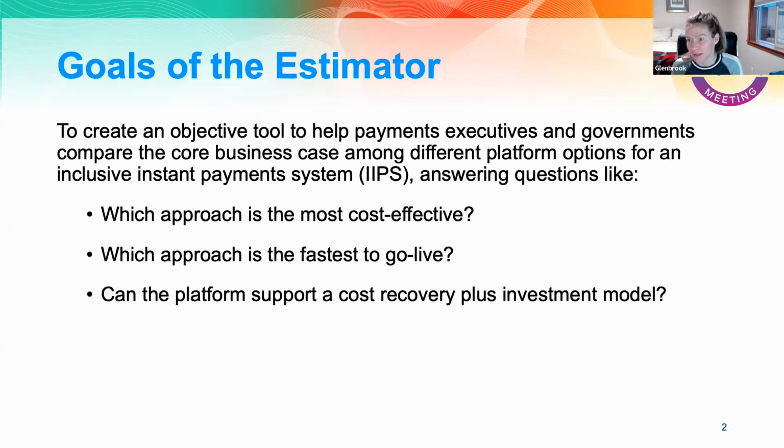It leverages informed assumptions from experts. We spent, Bethany, 3 or 4 months speaking with different people on the phone to try and get robust information behind the model to drive it. And that's what we use to help forecast various earning and loss statements for each type of platform approach.